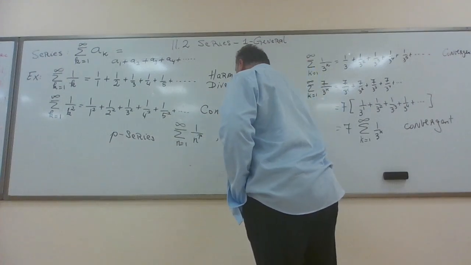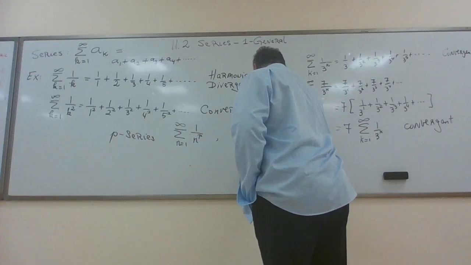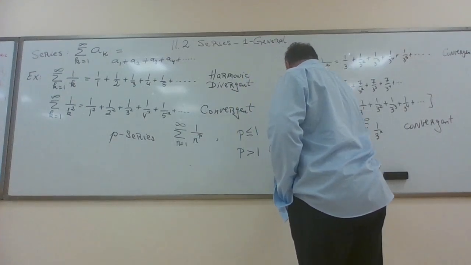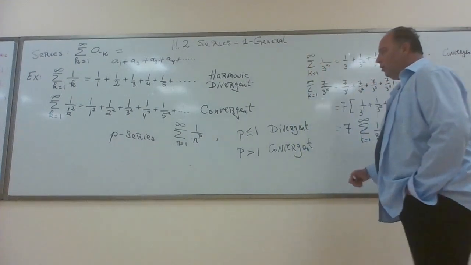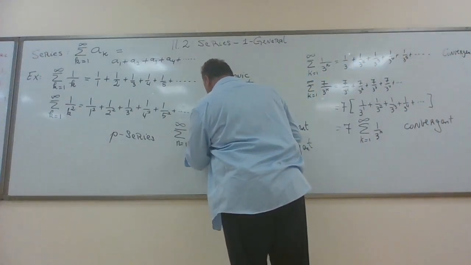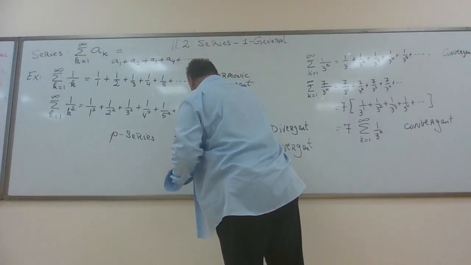And when p, the exponent here, is strictly bigger than 1, then the series is convergent. We don't need to prove it. We use this result. So essentially, this will be something that we will use often, especially later on.